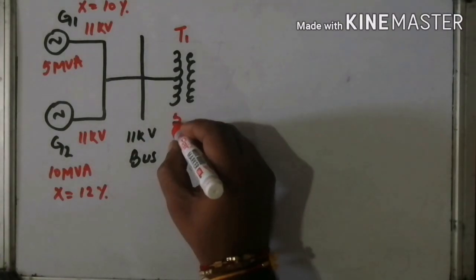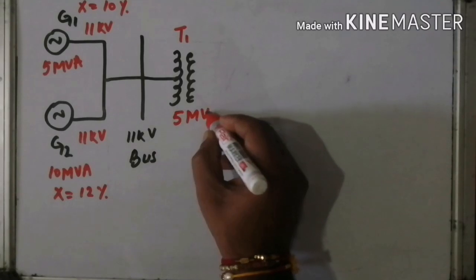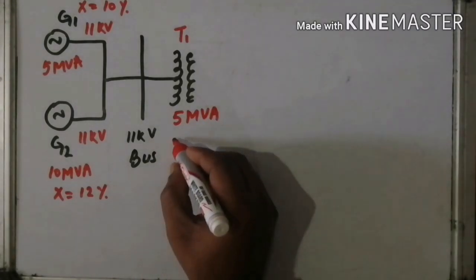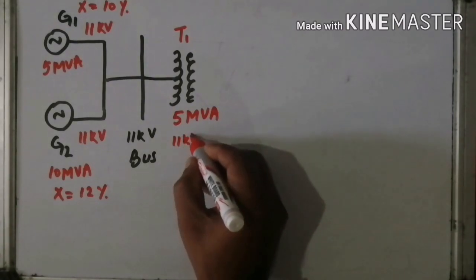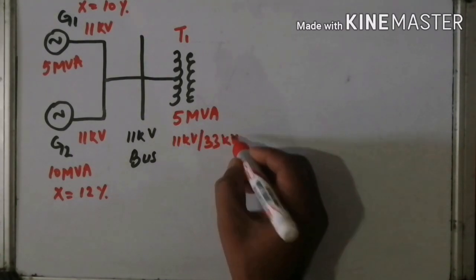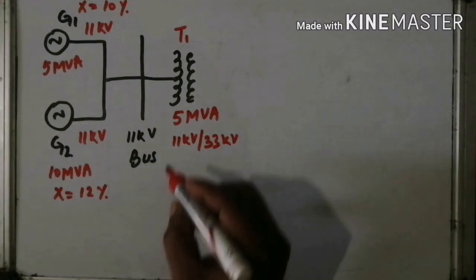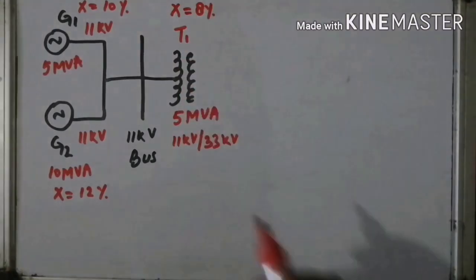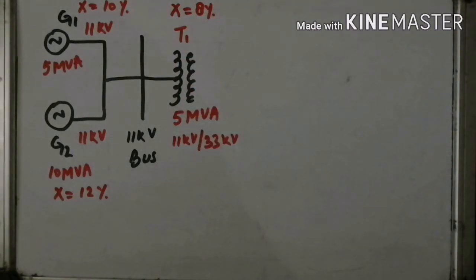Its rating is 5 MVA, and voltage ratio is 11 kV to 33 kV, and the value of the reactance is only 8%.